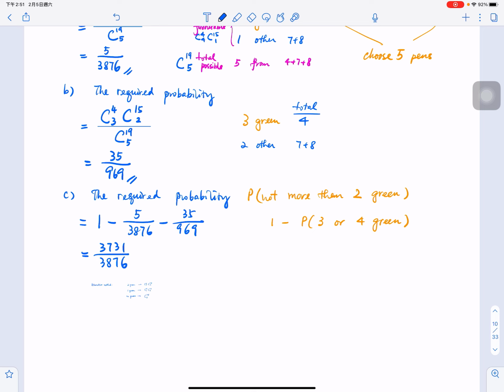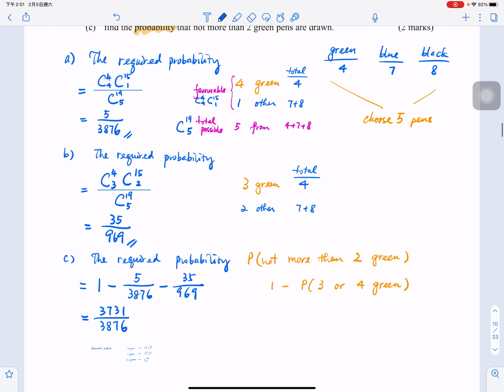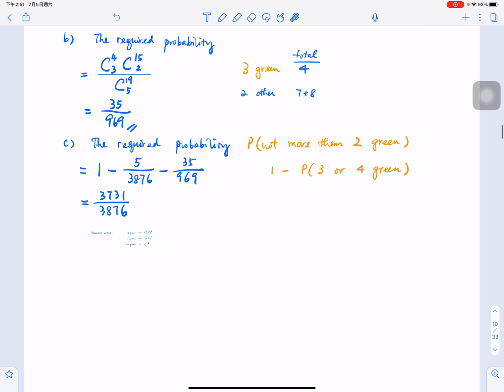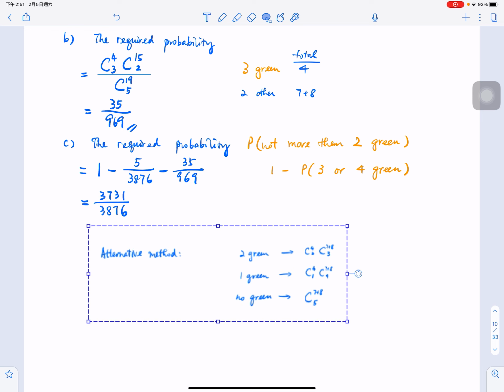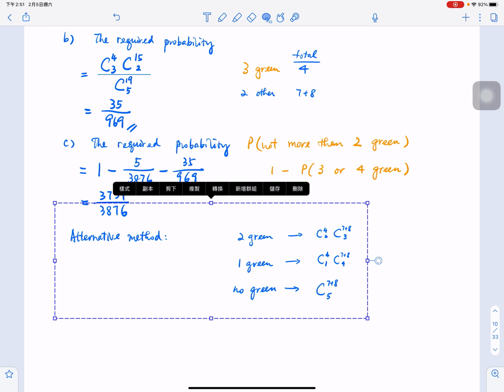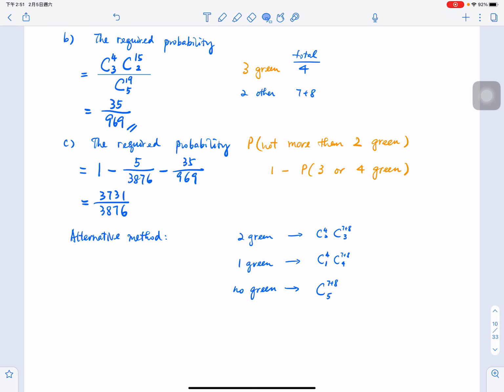If you think of it in terms of the different cases by using combination, do you know how many cases there are? Maybe I enlarge it a little bit more. 2 green: 4C2, because it comes from 4 and then choose 2, and then the other 3.